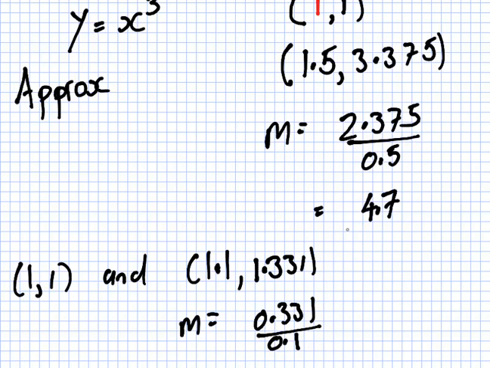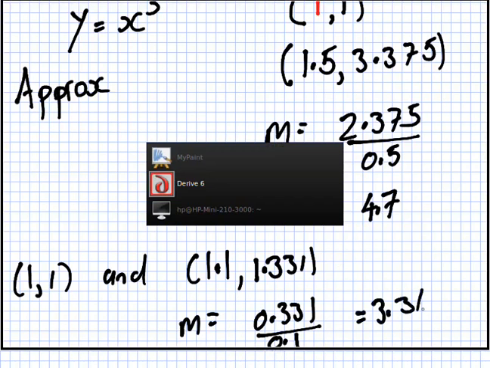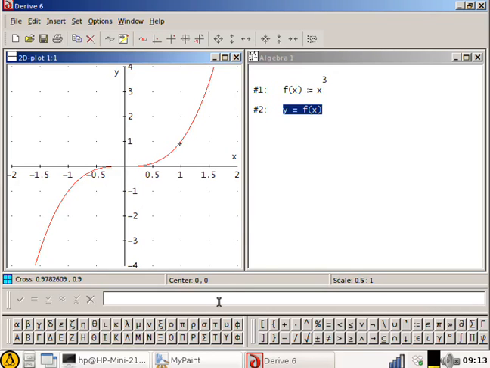What's this, please? It's 3.31, isn't it? Okay. So let me show you on the graph what's happening. Let's see. I actually don't know if we have a function here to draw the line.